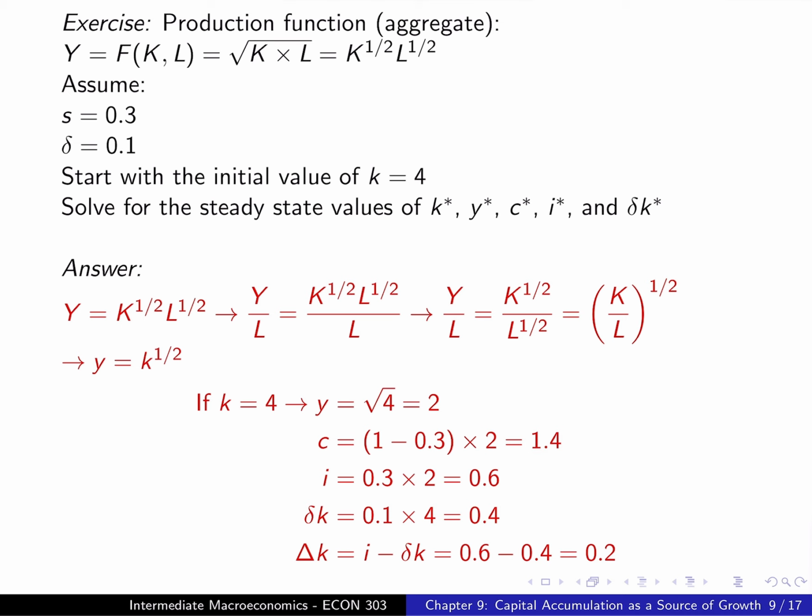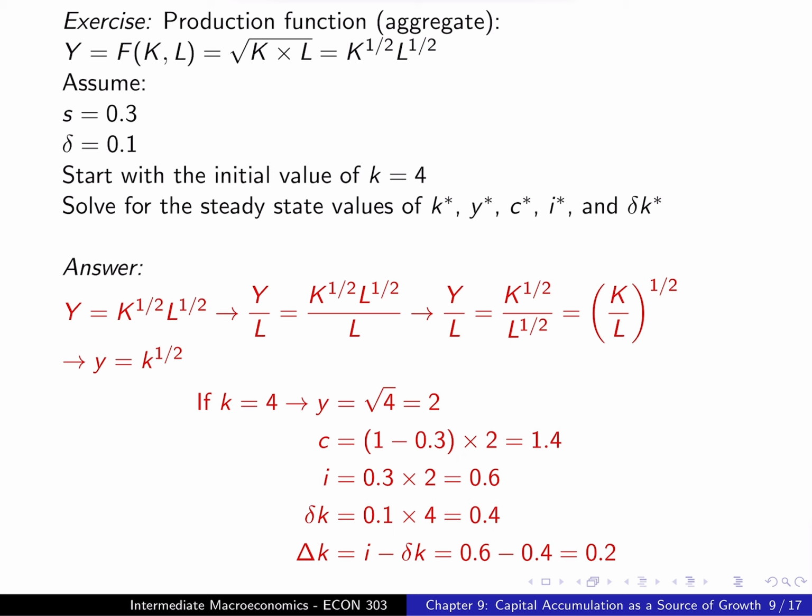Next, compute investment per worker. Investment is given by i = s y. Thus, i equals 0.6. Finally, compute depreciation per worker. Depreciation per worker is δk, which equals 0.4. In addition, we would like to compute the change in capital stock.